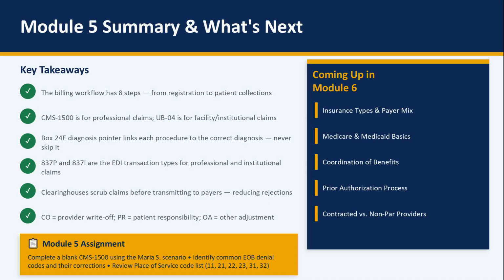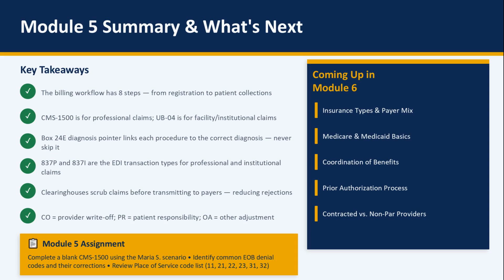Missing or incorrect diagnosis pointers are one of the most common causes of claim denial. Always double-check them. 4. 837P and 837I are the EDI formats for professional and institutional claims. You don't need to build these files yourself, but you absolutely need to know what they are.